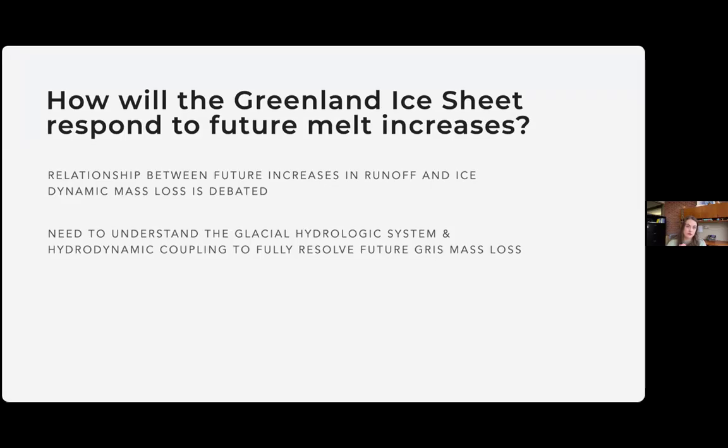They're just really critical to evaluate what our assumptions of what is important and what isn't important are, so that we can put that in context and narrow in on the most important processes for future mass loss and sea level rise and target our numerical modeling efforts there.